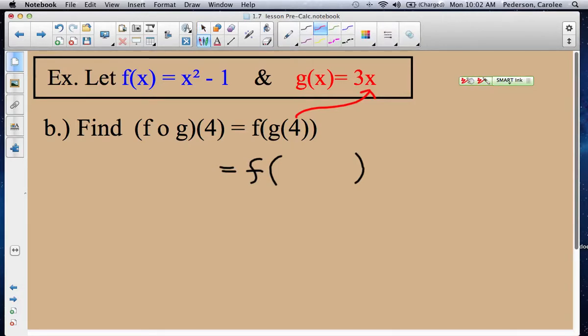So I'm going to replace the x with 4. So 3 times 4 then is 12.